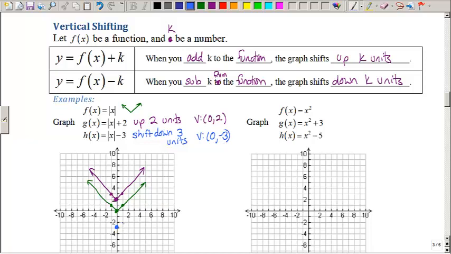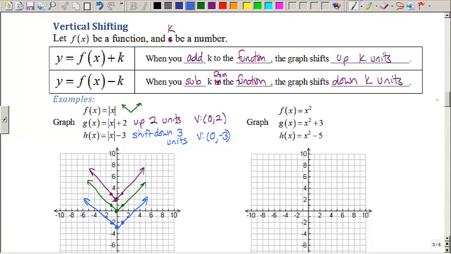To get my other points, I can go from my vertex right 1, up 1, left 1, up 1. Or another way you could think about it is if you could move those 3 points down 3 units each, you'd have these 3 critical values, and then you can draw your V shape.